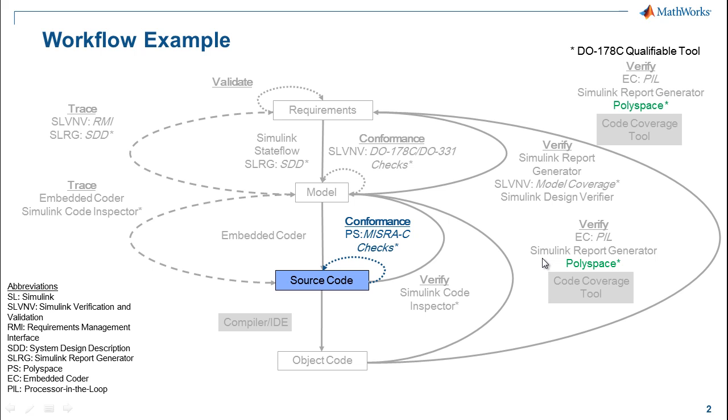And it's in proving the absence of runtime errors, and in how Polyspace does that formal analysis, that allows you to take credit for some of these verification activities. We'll talk about both, even though these are not necessarily related to this sequential step in the process. While we're talking about Polyspace, we'll cover all of these topics.